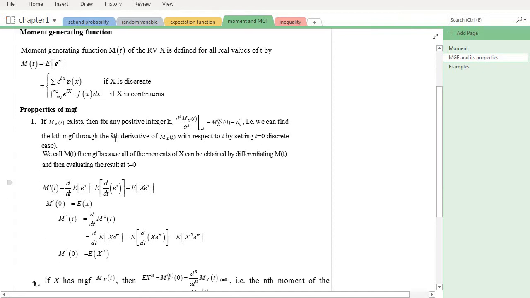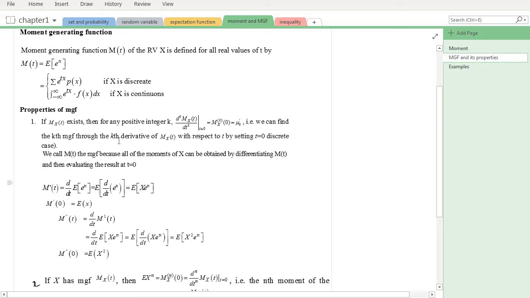So the property here says that if the moment generating function exists, then for any positive integer k, if we take the k-th derivative and set the value of t equal to 0 here, it will give us the k-th moment that we would like to find.